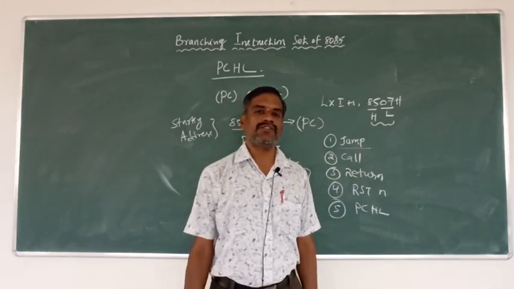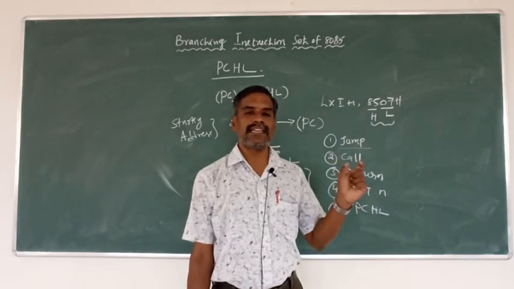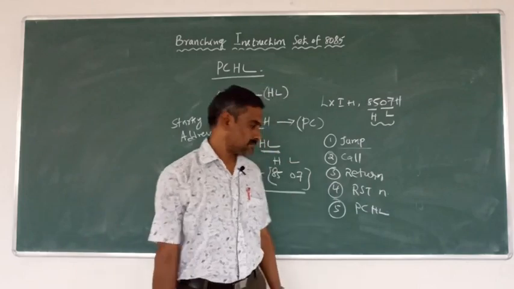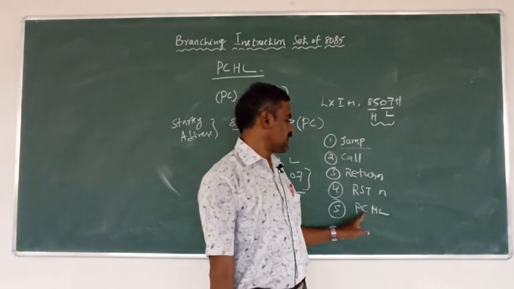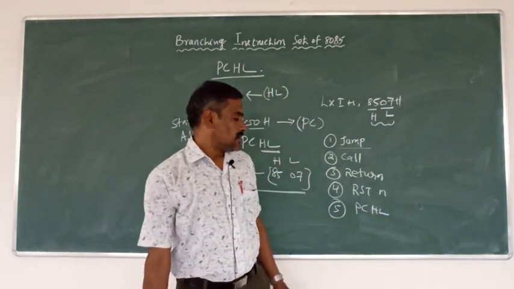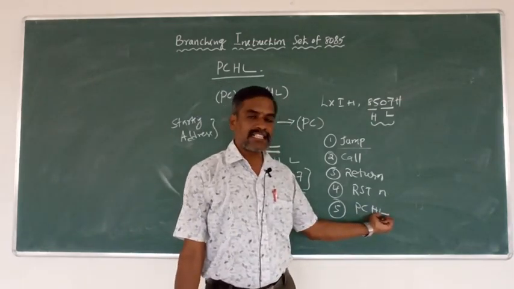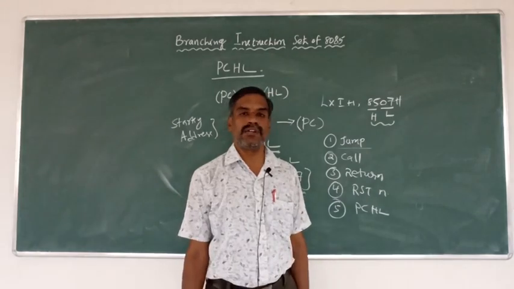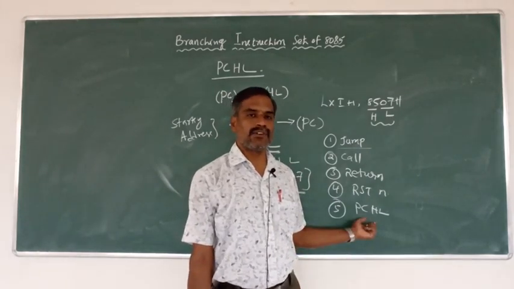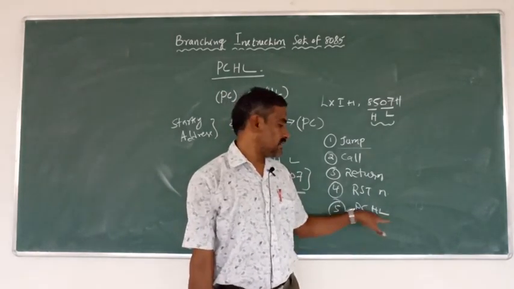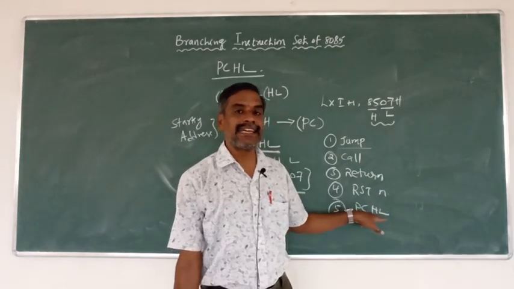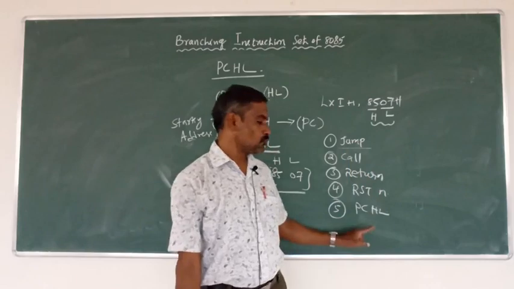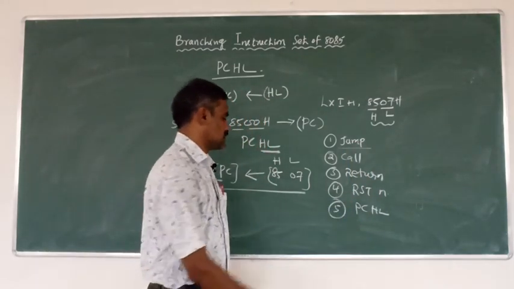This address location is fixed by the manufacturer, the Intel processor. And the last one, PCHL, means the HL register pair address is moved into the program counter. Now the program counter will execute the data at the given HL register pair address location. For that we can use this instruction.